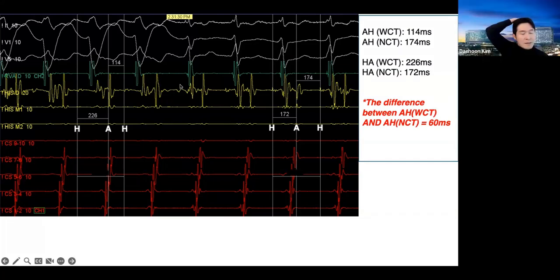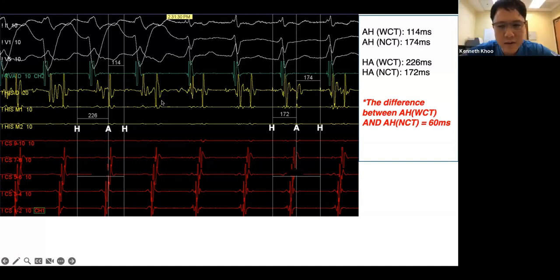I'm curious about which factor contributes to that prolongation of the AH interval at that beat, because the previous QRS is still bundle branch block. I think this is spontaneous.